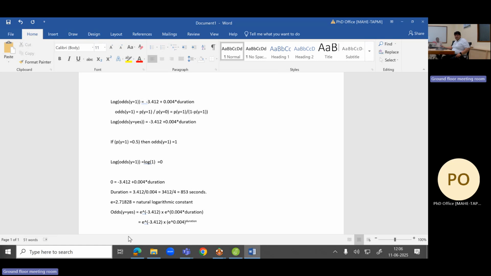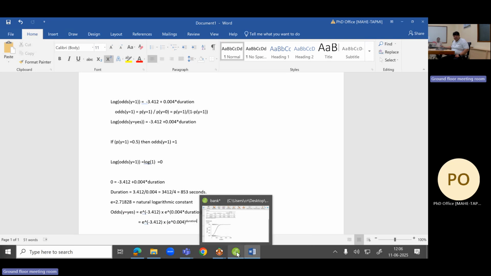Now this expression which you see, this one and this one, can be rewritten as odds values. So it's the odds of the intercept, and this is the odds of the variable. It is also called the odds ratio.